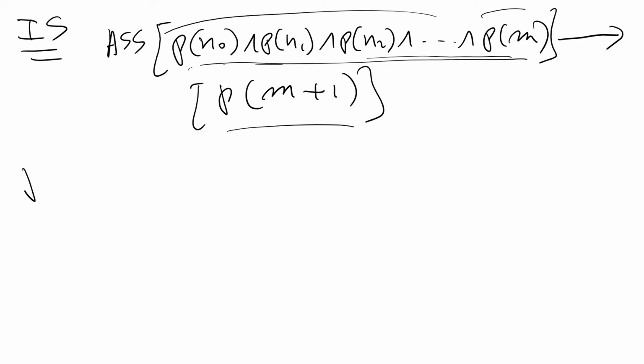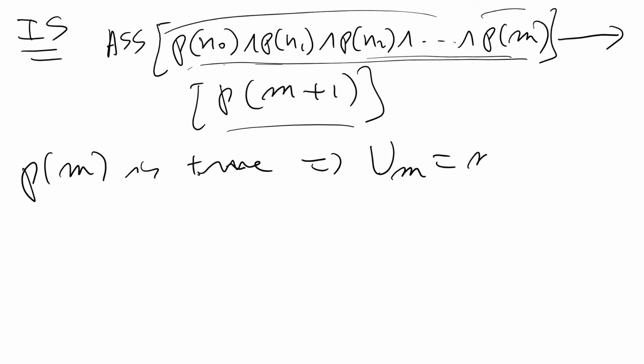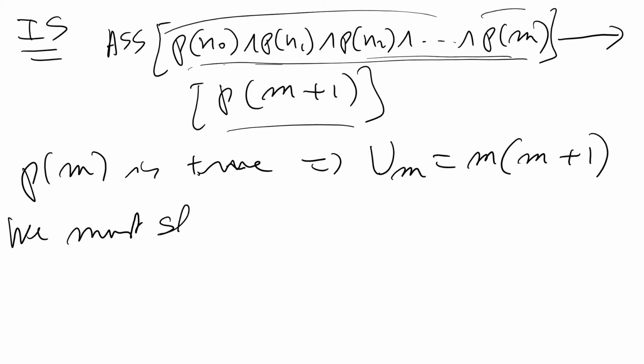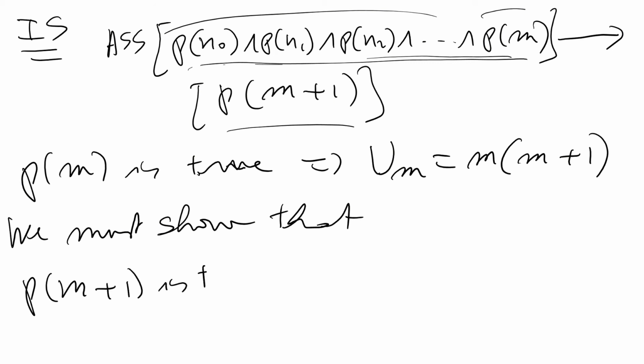Because P of m is true, this implies that u_m equal to m times (m plus 1). That's the P(n) is true, implying the expression is true. So we must show that P of m plus 1 is true.